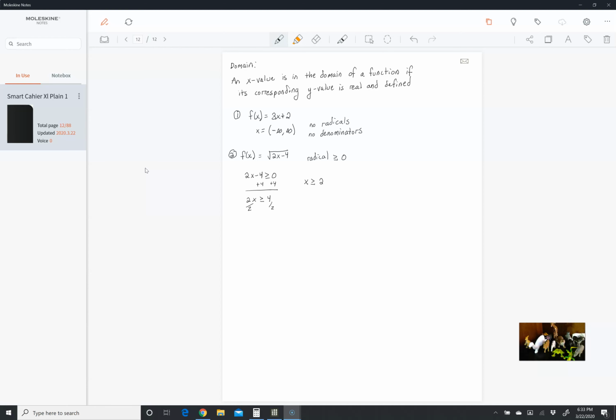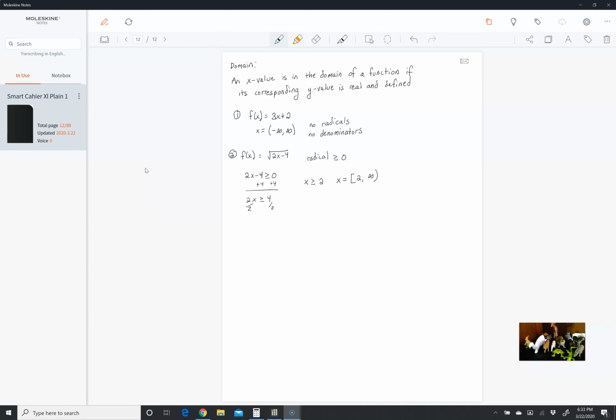The way that we would do that in interval notation, there's a bracket because there's an equal sign. And we would say it goes from 2 to infinity, and we would close it with a parenthesis. Infinity always gives us a parenthesis.